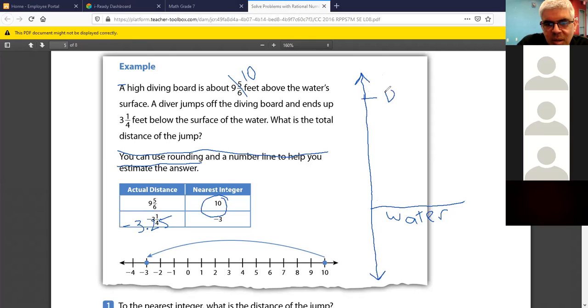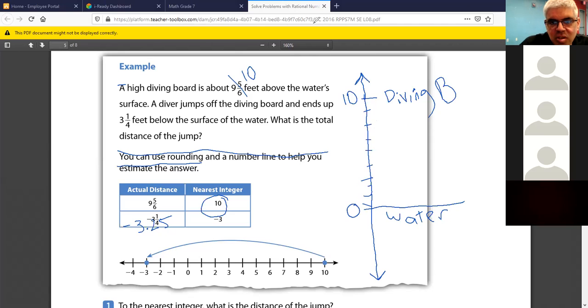So diving board. And it's at 10 feet, just about. You know, there's 10 in there. All right. My water level, sea level, is 0.